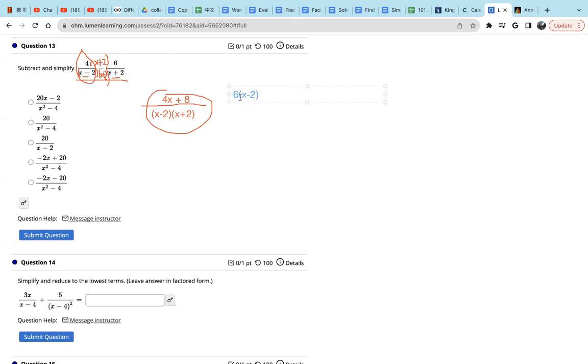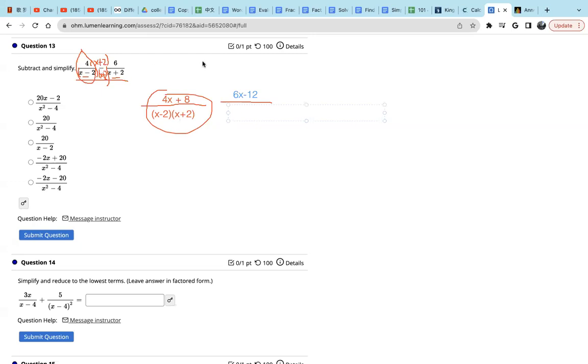And 6 times x, that's 6x. 6 times negative 2, that's negative 12. So that's our new numerator for the second one. And the denominator is the same, x minus 2 times x plus 2.